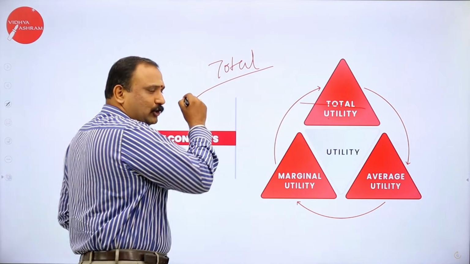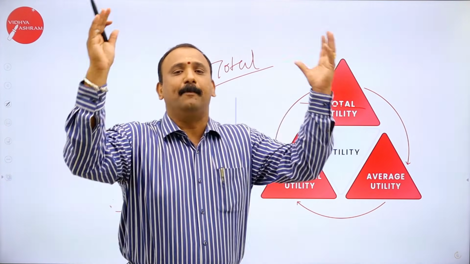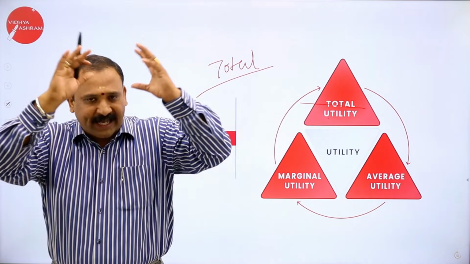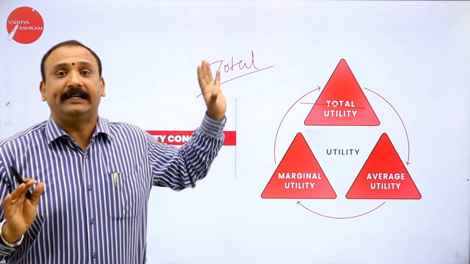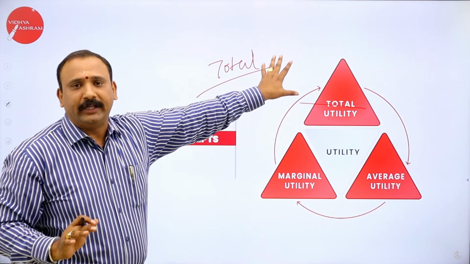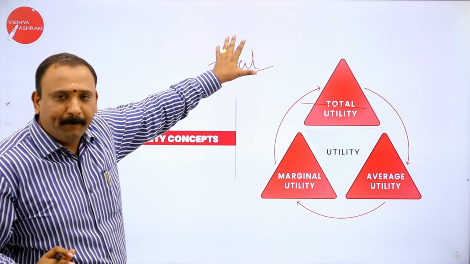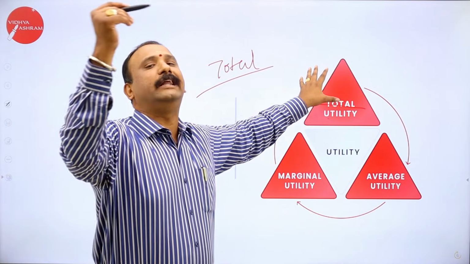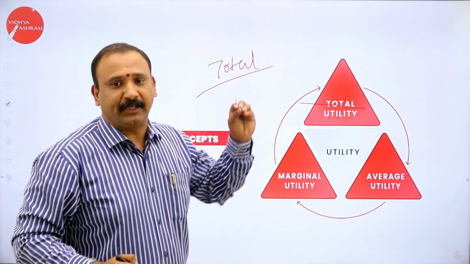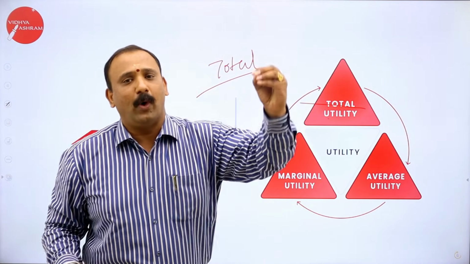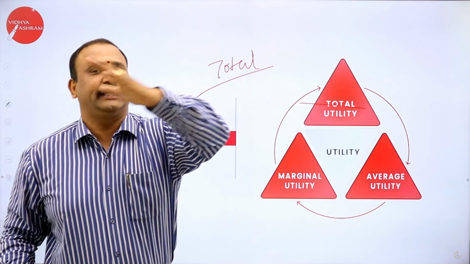When I say total, that means a composition of all, when I'm putting everything together. Total utility means it is the combination of all utility factors. That utility factor might be 1, 2, 3, 4, 5, and it keeps going.